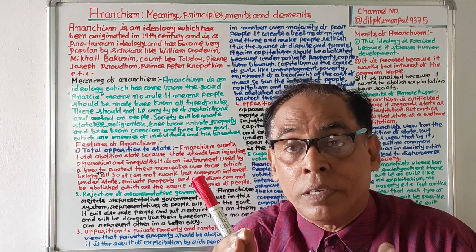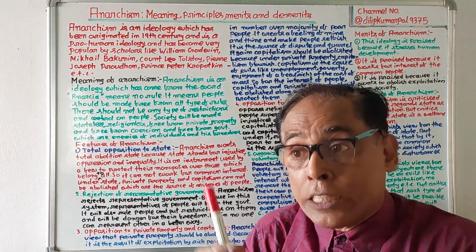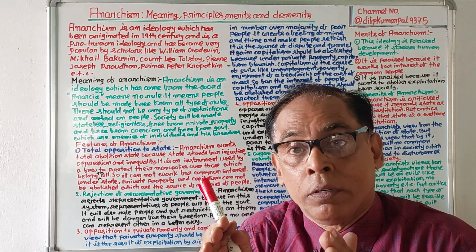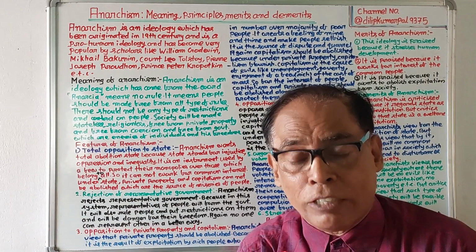Anarchism is an ideology which originated in the 19th century. It is pro-human, for the favor of human beings.